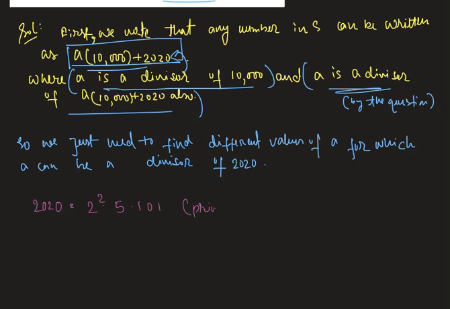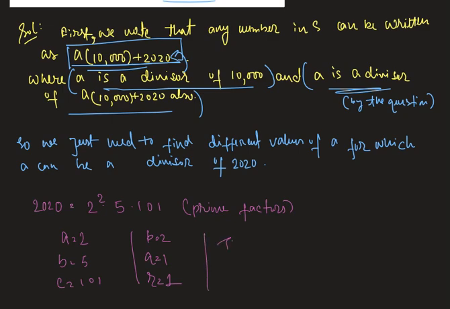Therefore there are three prime factors, which are 2, 5 and 101, and the value of P is 2, Q is 1 and R is also 1, which are the powers of these prime factors.